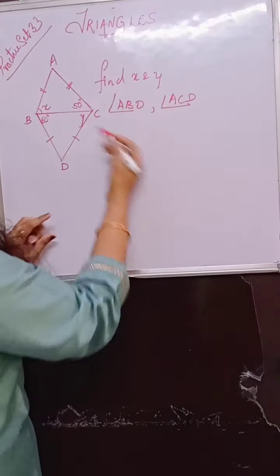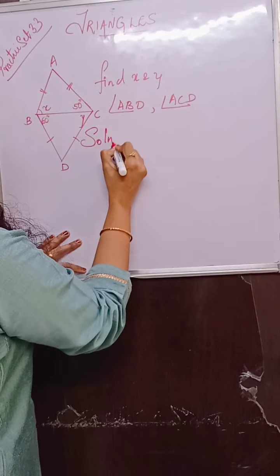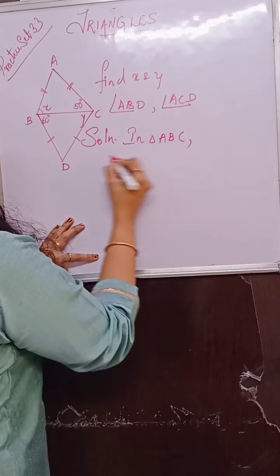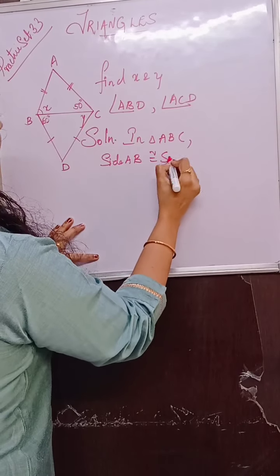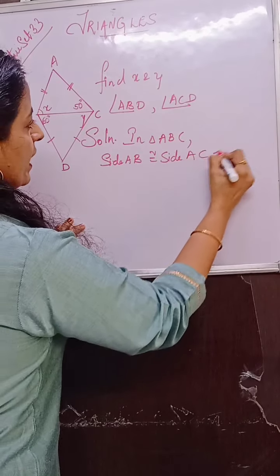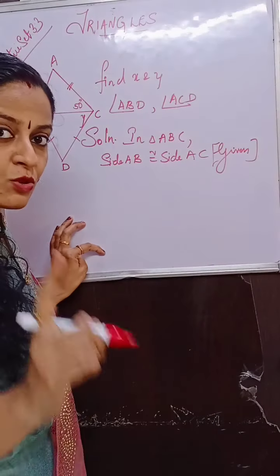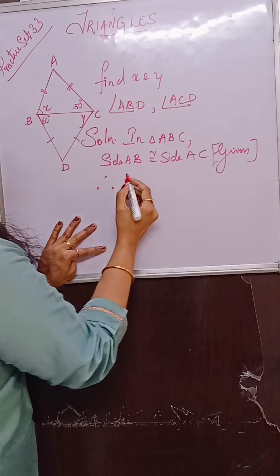So how to approach? First, these 2 sides are congruent. Solution. In triangle ABC, side AB is congruent to side AC, given. Whenever you see 2 sides congruent, isosceles triangle theorem. Therefore, its opposite angles will be congruent.